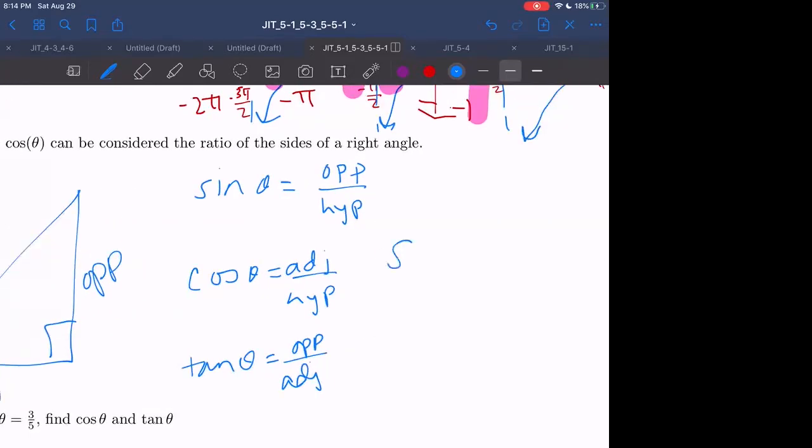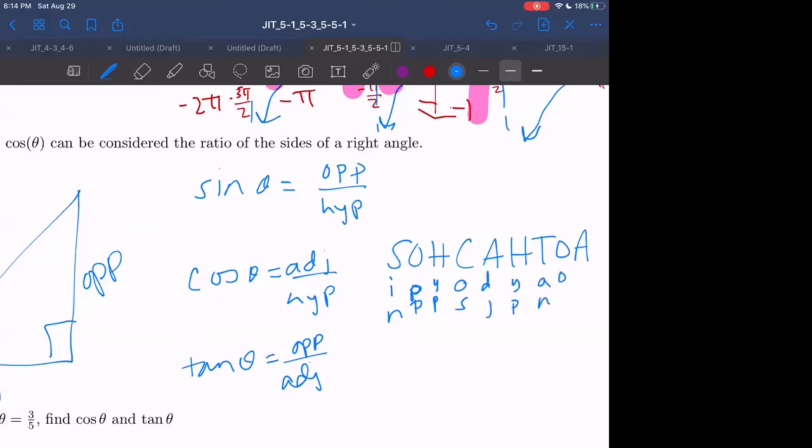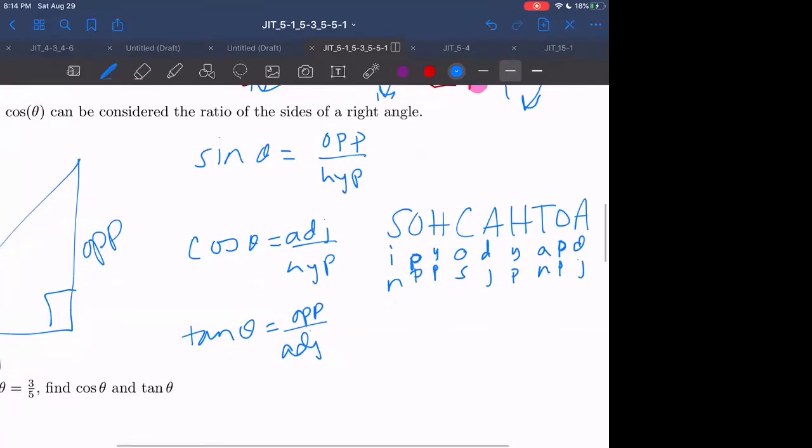Okay, and so you might have remembered this as SOHCAHTOA. Sine, opposite, hypotenuse, cosine, adjacent, hypotenuse, tan, opposite, adjacent. Okay, whatever you need to do to remember this.